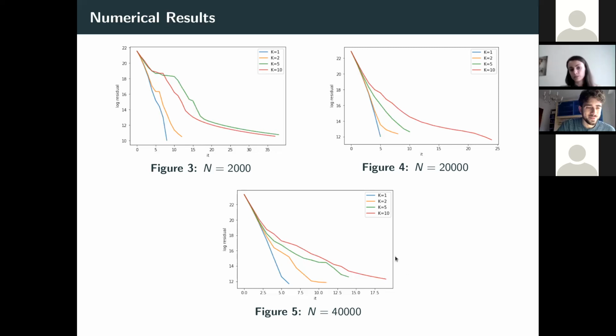This happens because if we take a larger k, so we split into a larger number of subproblems, then we are also disregarding more information, because we are disregarding more non-zero elements in the coefficient matrix.